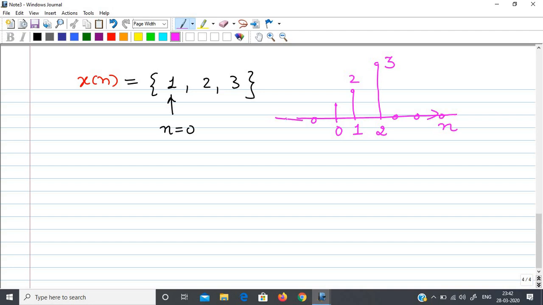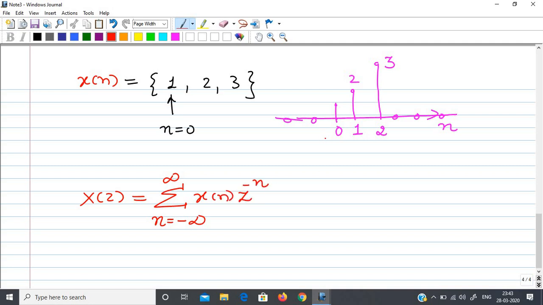And you are asked to find the Z transform of this. Now, as we have seen, X(z) is defined as the summation running over n from minus infinity to plus infinity, x of n, z to the power minus n.